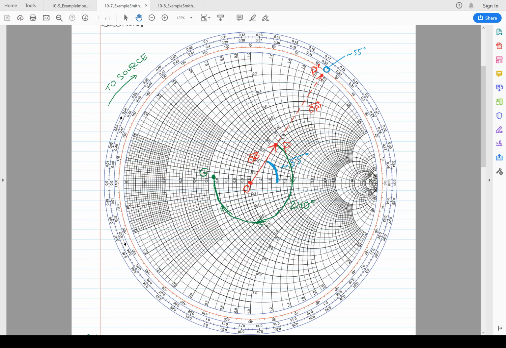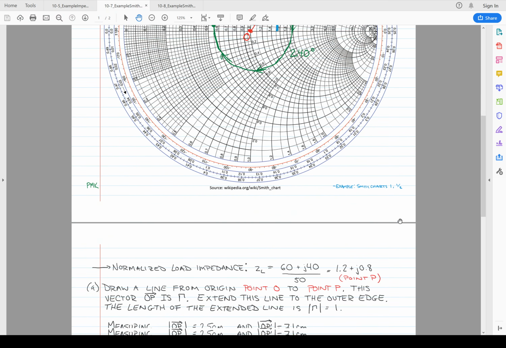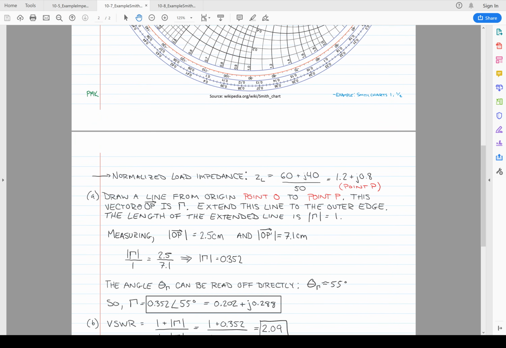I've also extended it with the dotted red line all the way out to the edge of the Smith chart, and I've labeled that point P prime, and that ray OP prime. I've got some angles here, which I'll talk about in a second, but for right now we need to be worried about these rays and these points O and P. Now that I've got that point P, I've done this exactly.